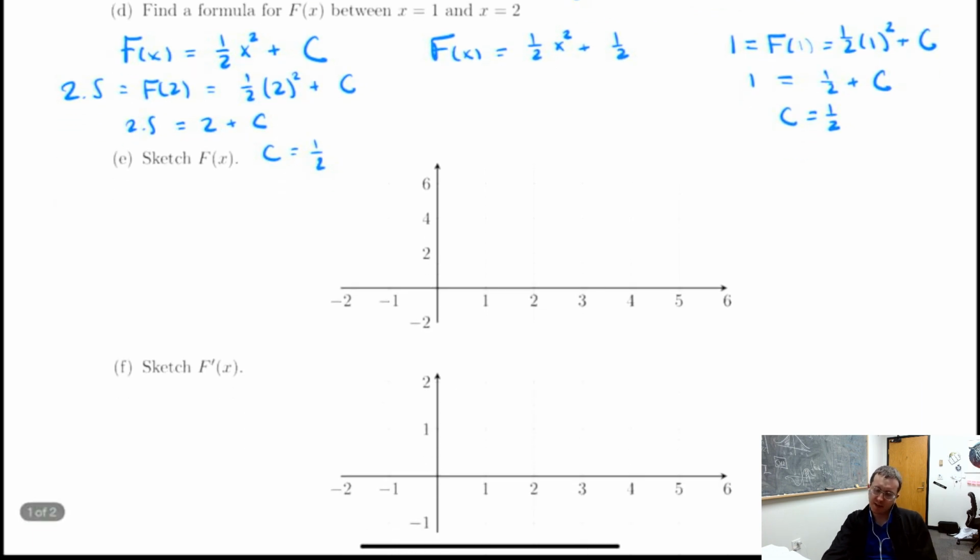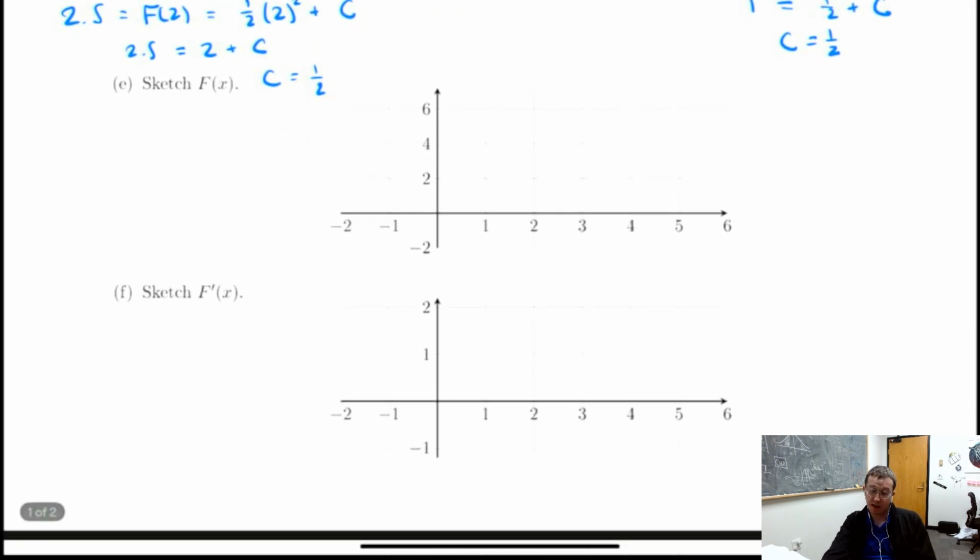Now we're asked to sketch capital F and its derivative, but we already know that the derivative is little f of x. So the graph is just the same graph that we were given.